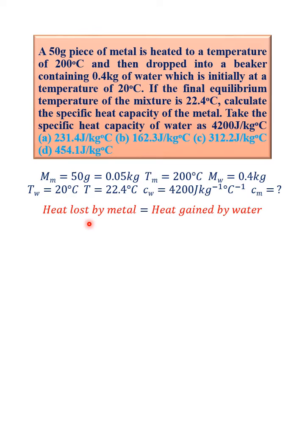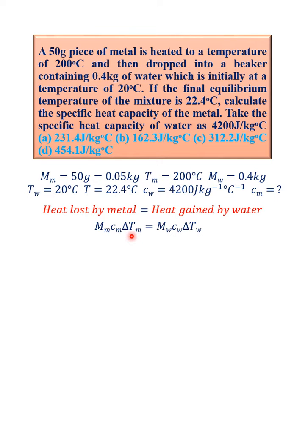So what is the formula for heat? The formula for heat lost by the metal is mass of the metal times specific heat capacity of the metal times the temperature change of the metal, and that is equal to the heat gained by water, which is mass of water times the specific heat capacity of water times the temperature change of water.